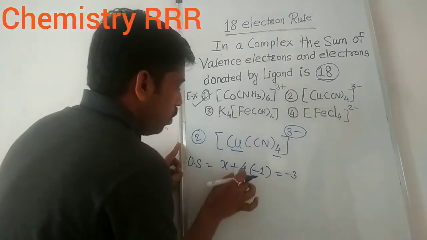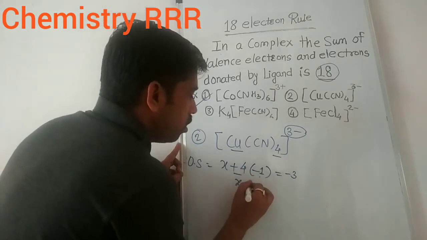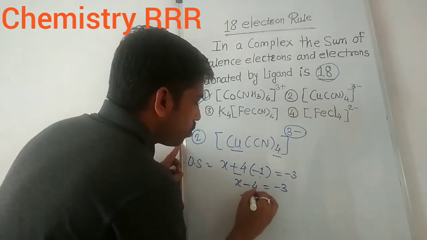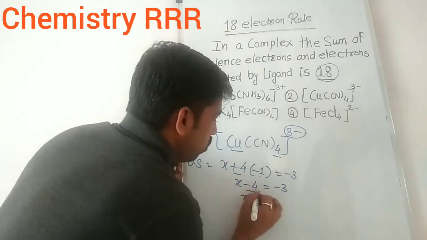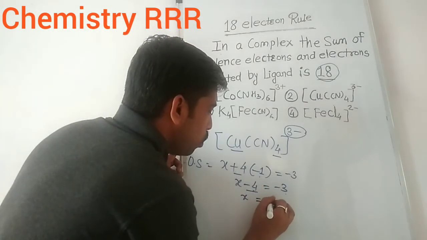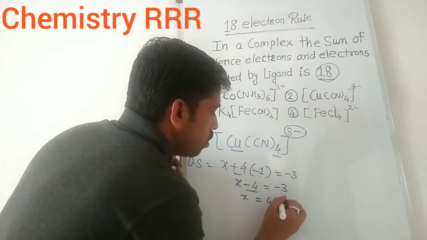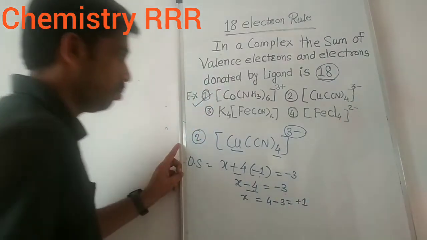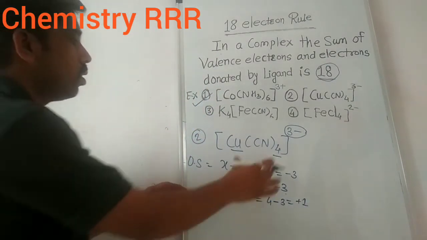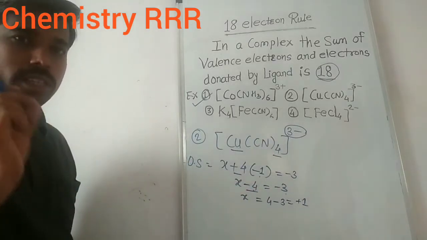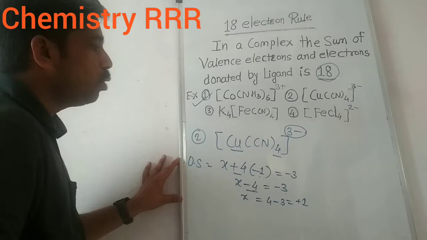Therefore, plus 4 into minus 1, that is minus 4, is equal to minus 3. Therefore, X is equal to, when minus 4 is transferred to the right side, it becomes plus 4. Then minus 3 plus 4 is equal to plus 1.